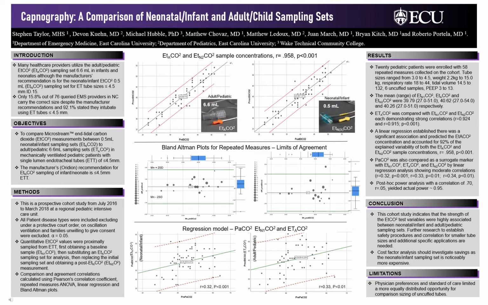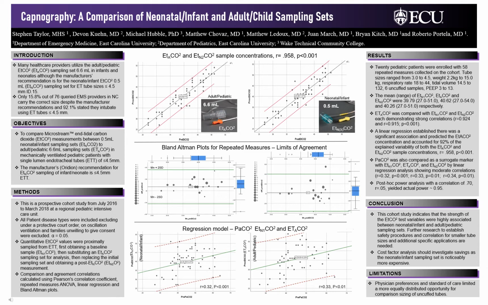We conducted a prospective study at a regional pediatric intensive care unit. We wanted to analyze and compare the means and correlations for each sample set. We used Pearson correlation, repeated measures ANOVA, linear regression, and Bland-Altman graphs for levels of agreement.